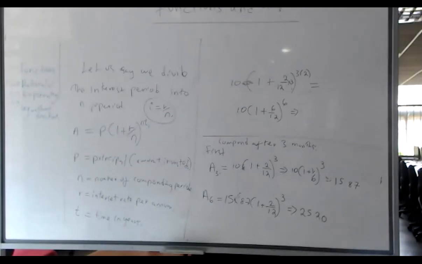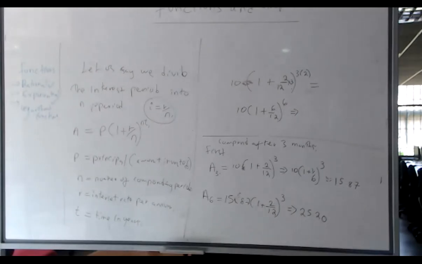For you to get 25.21, you don't do the 6 over 2, you do the 2 over 12, and then in brackets power of 3 multiplied by 2. That's when you would be able to get the 25.21.